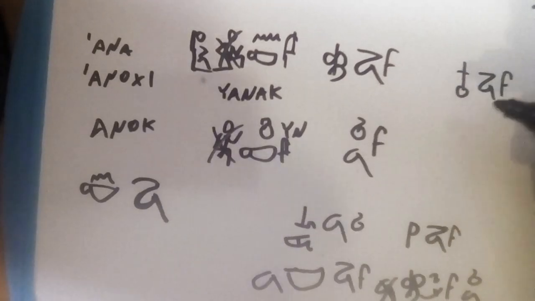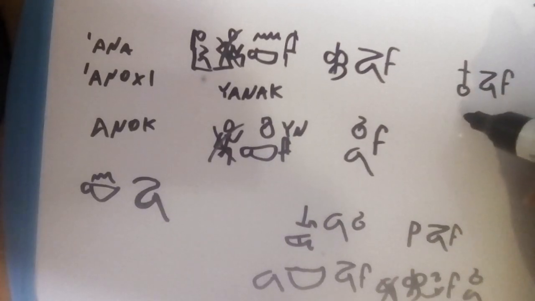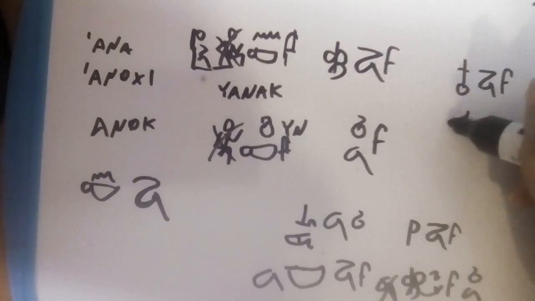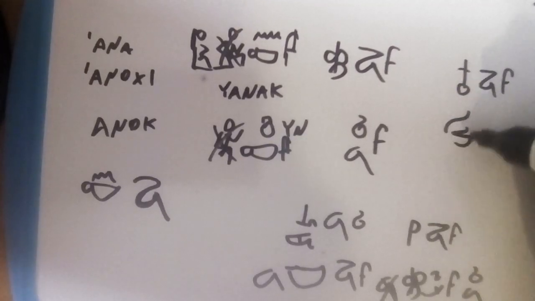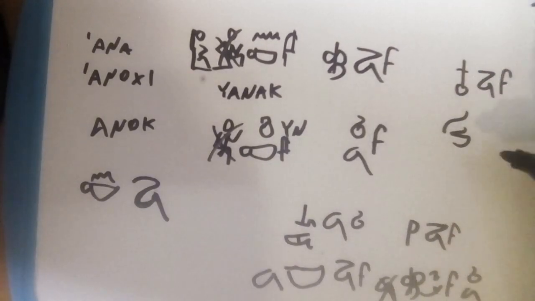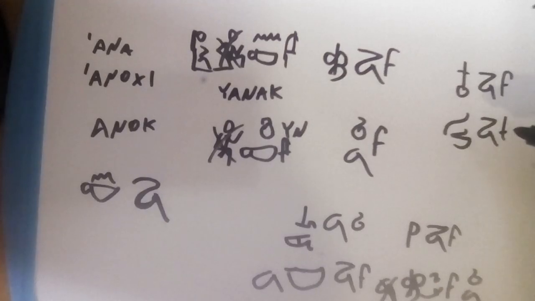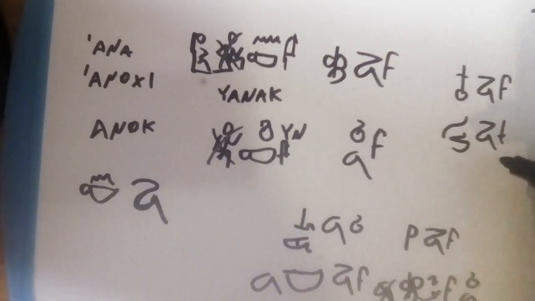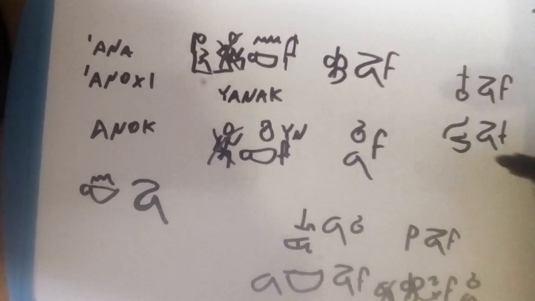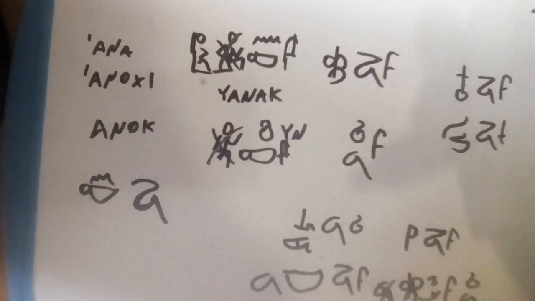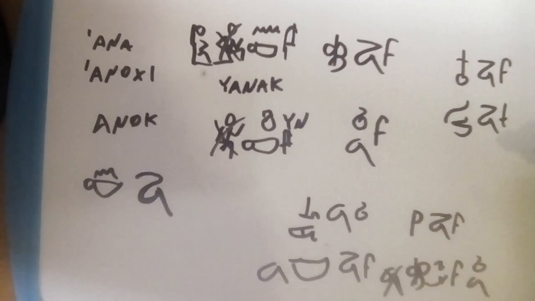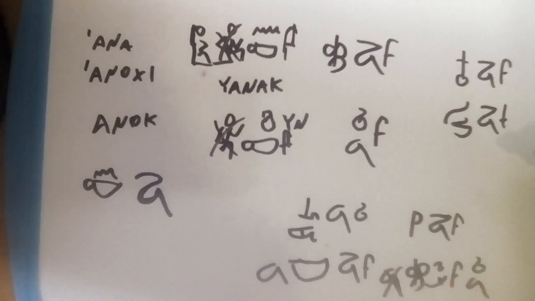But we can also use verbs like chat. We will discuss verbs at a later time. Yanak chat. I am the one who speaks. Now it's interesting that the verb speak is chat, like chatting. That's funny. Okay, I just noticed it.